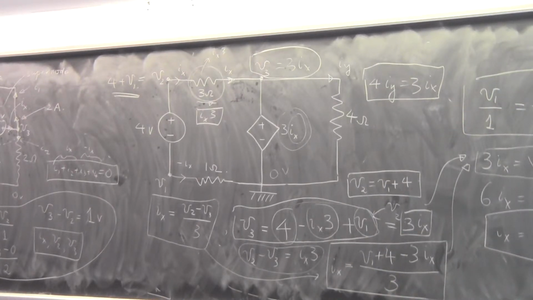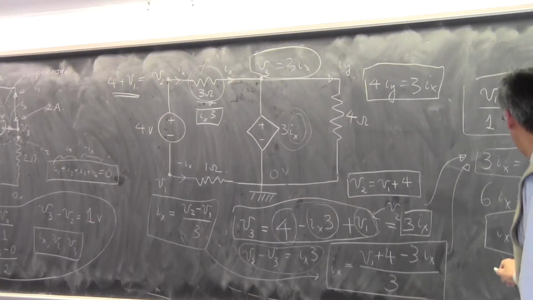When it's all said and done, you know what Ix is supposed to be? Ix is equal to here, right? Once you have a numerical value for it, just try and check my answer. I can solve for V1 first. From this equation I can solve for V1.